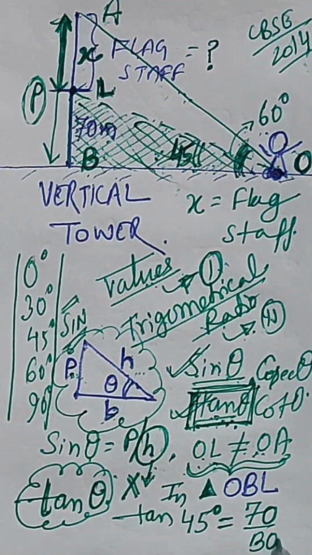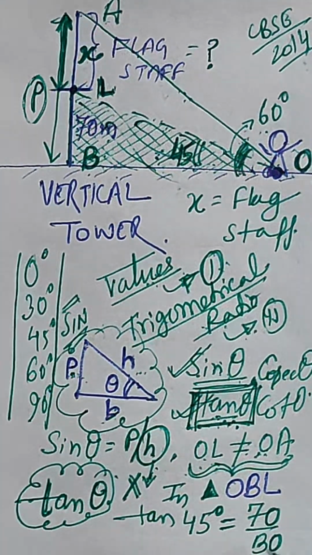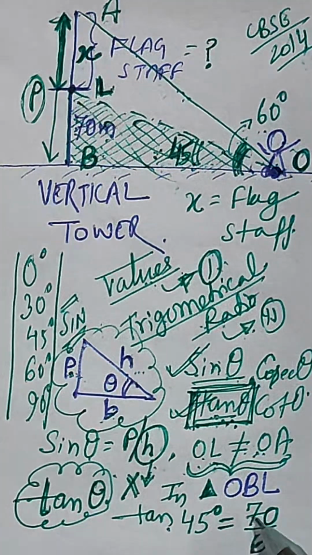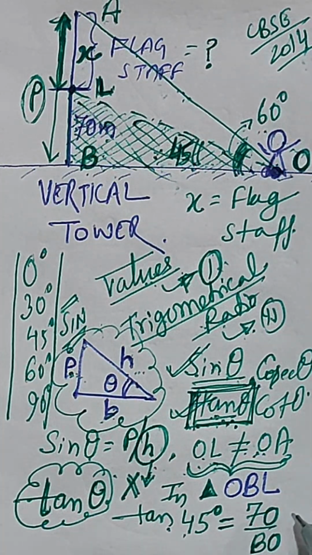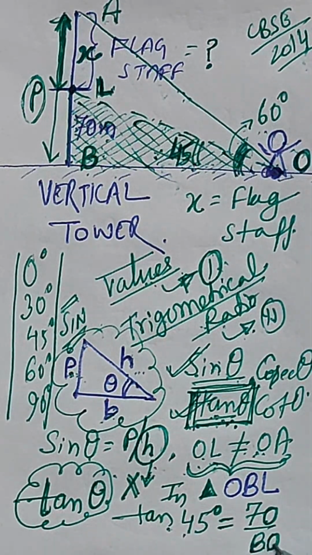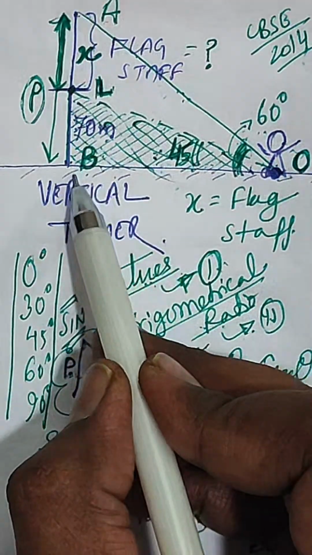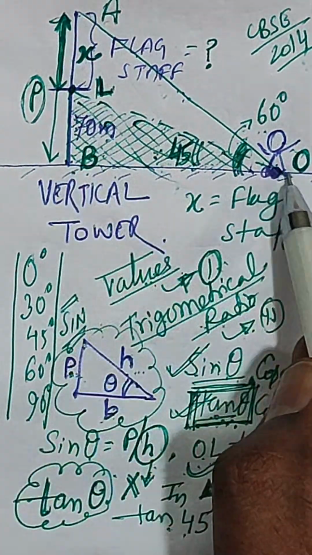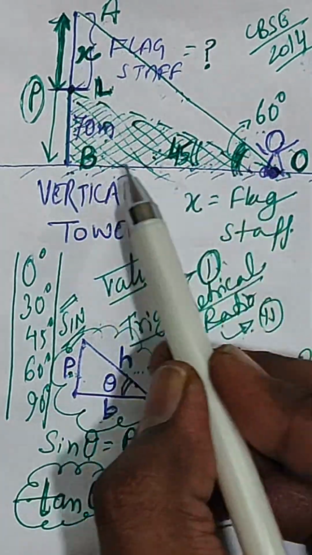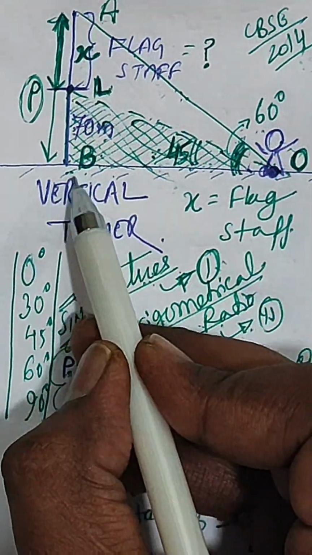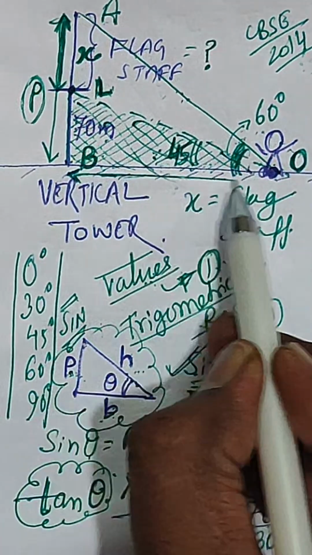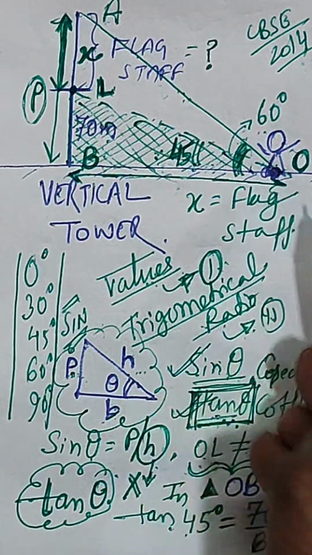From here we are going to calculate the length of BO, because the value of tan 45 is known to you, that is 1, and 70 is also known. BO is nothing but the distance on the ground from the point of observation to the base of the vertical tower. This one is BO.